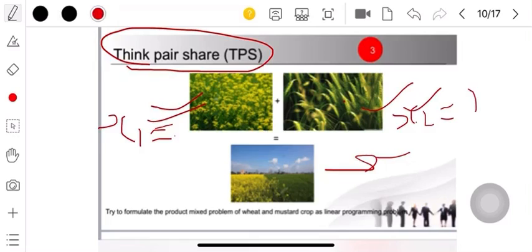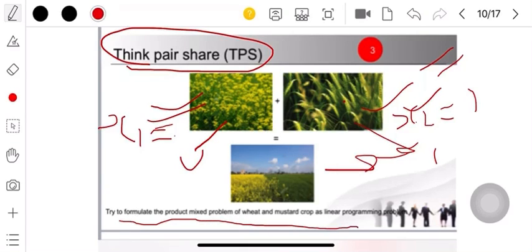The cost of production is given for producing 1 kg of mustard, and for producing 1 kg of wheat. We also have some land availability, which you can take as a constraint. Simply formulate this problem as a linear optimization problem. You are to formulate the product mix problem of wheat and mustard crop as a linear programming problem. This is your home assignment that you need to submit.